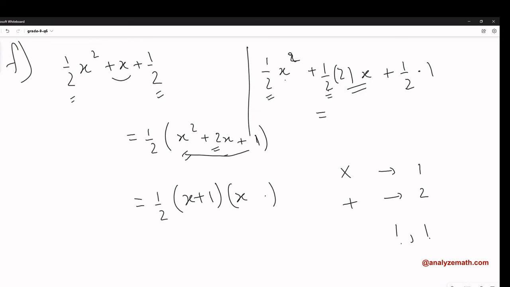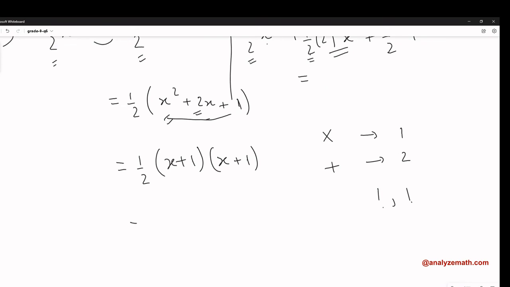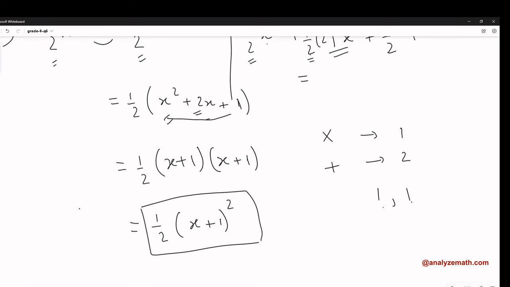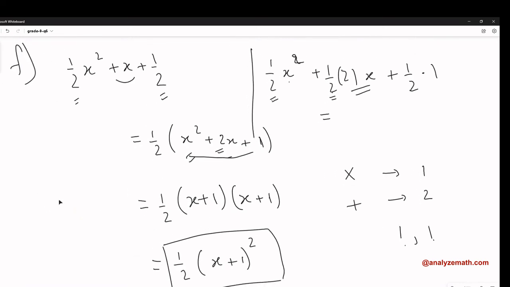So (x + 1)(x + 1), and of course (x + 1) multiplied by (x + 1) can even be written in compact form as a square. And this is the factoring of the expression in part F.